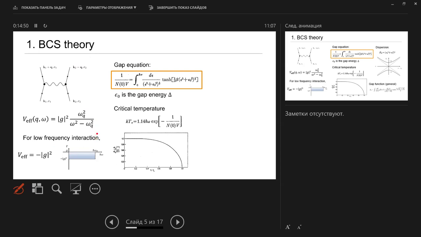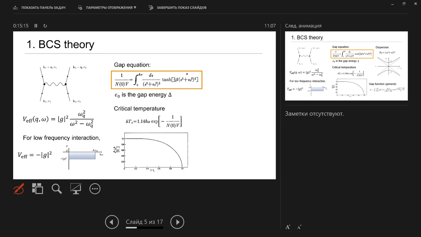And then BCS theory will give you the gap equation here. So epsilon zero is exactly the gap energy, and the gap is exactly the minimal energy to overcome in order to make an excitation. So what can we get from this kind of gap equation?